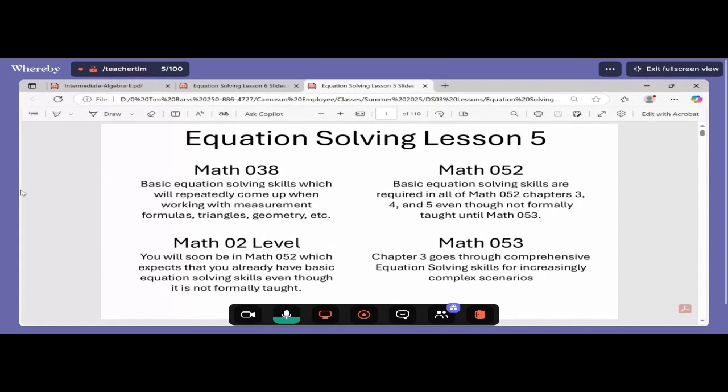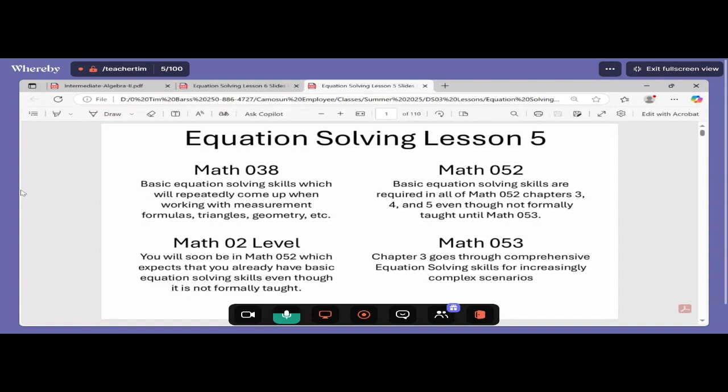So I think I talked a little bit about this before. There's a bit of a backwards flaw here, whereas the comprehensive equation solving unit is in Math 053, but it comes up in some basic ways in Math 038 and 052, where you have to be able to solve some equations. In other words, to be able to move the pieces around to isolate the thing that you're looking for.